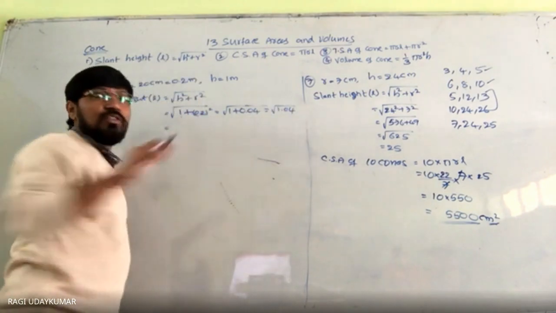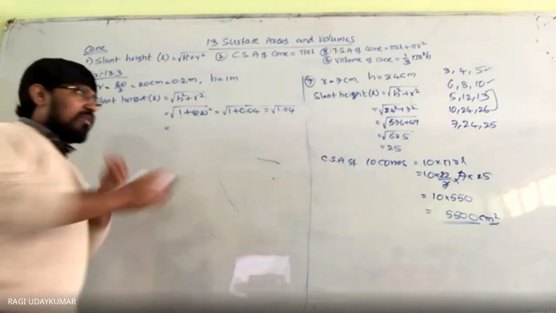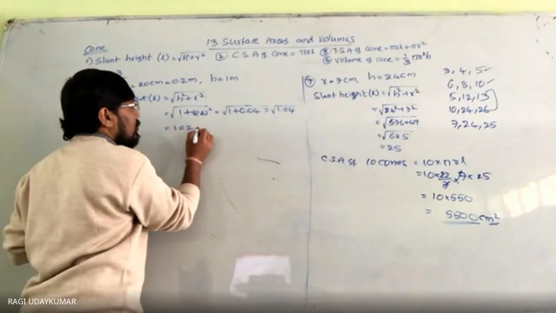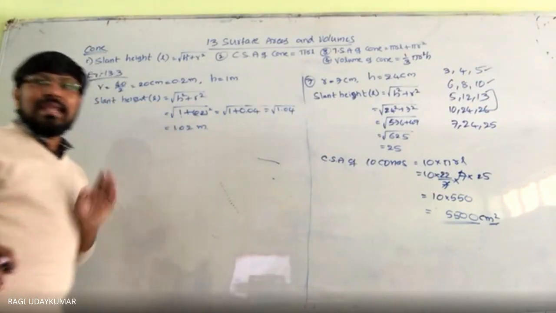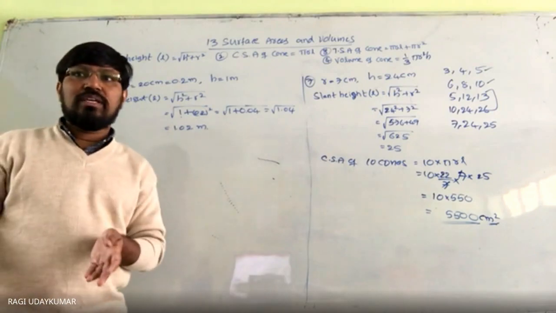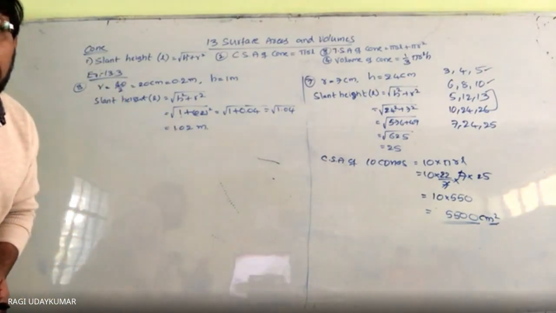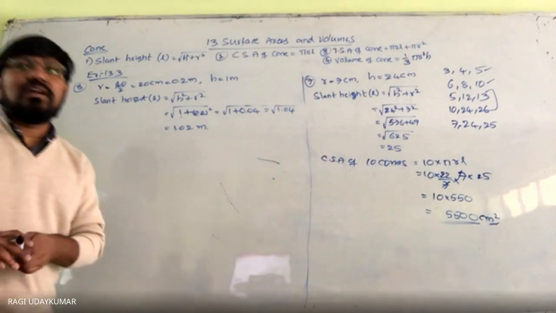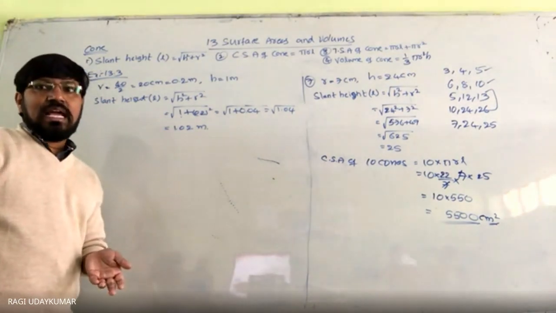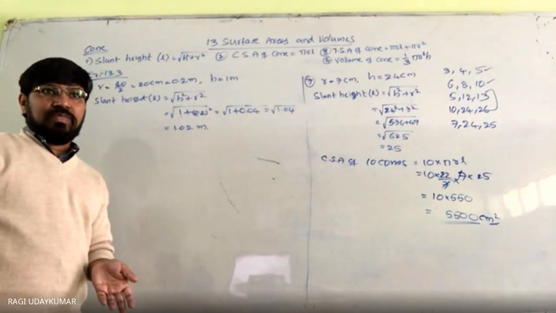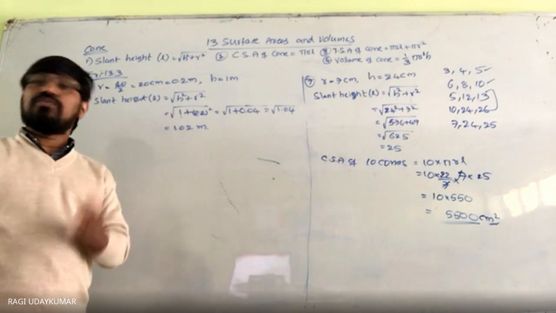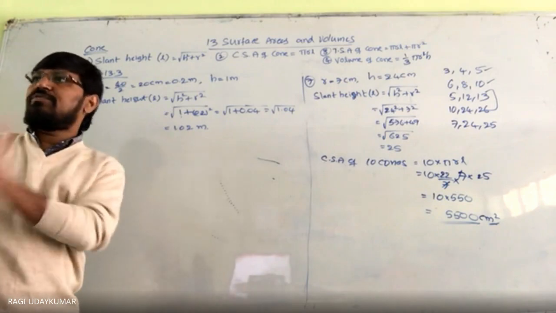This 1.04 value already is given to you, 1.02 meters, slant height. And what is given to you to find out here? Here it is given to you to find out the curved surface area of the 50 cones, and here cost also. Cost of is 12 per cone. So first you find out the curved surface area of the 50 cones.